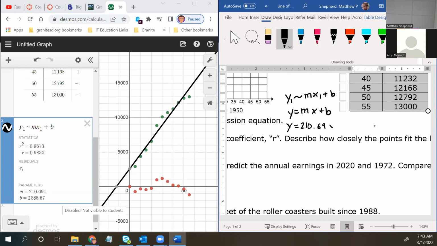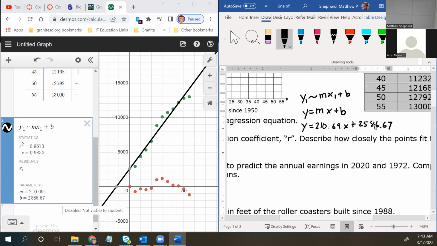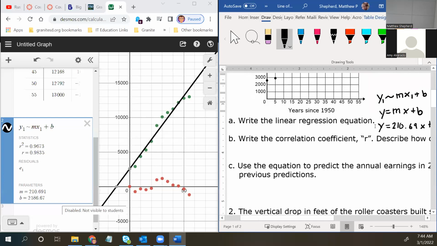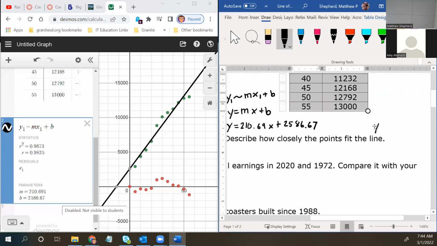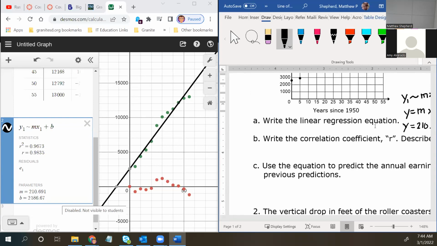So there's my M. Now I can put X plus B is 2,586.67. So that's how I'm going to use Desmos to get the equation that we will use. And we just need to recognize that X is years since 1950 and Y is the annual income of a minimum wage worker.